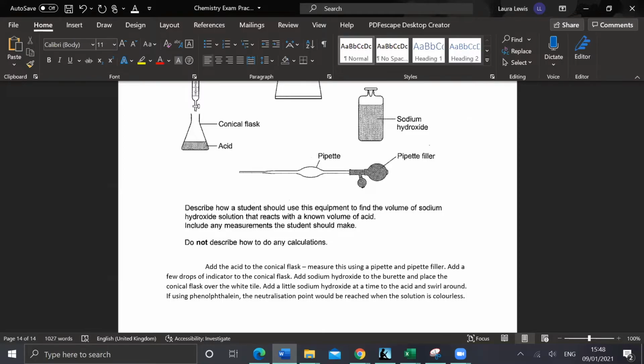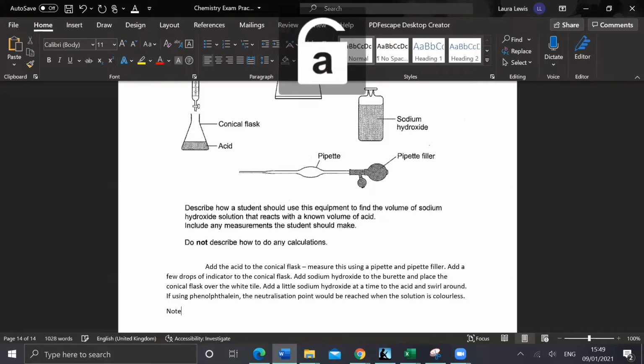Okay, so that's another indicator, apart from universal indicator. So if using phenolphthalein, the neutralization point will be reached when the solution is colorless.